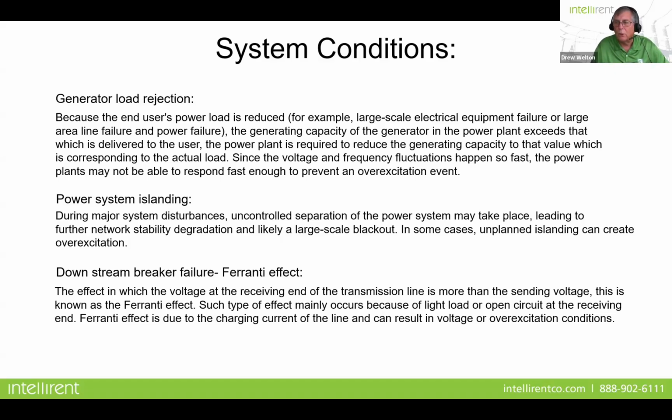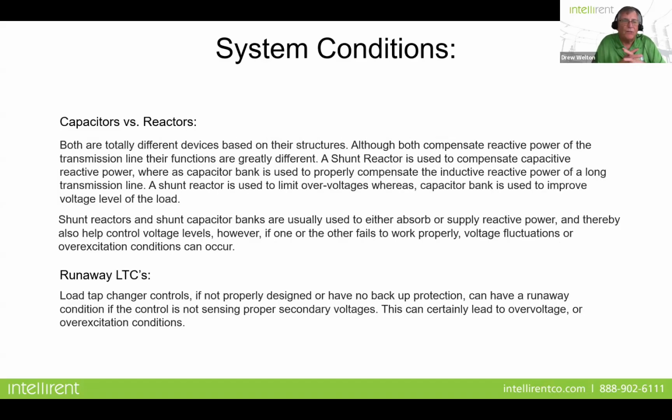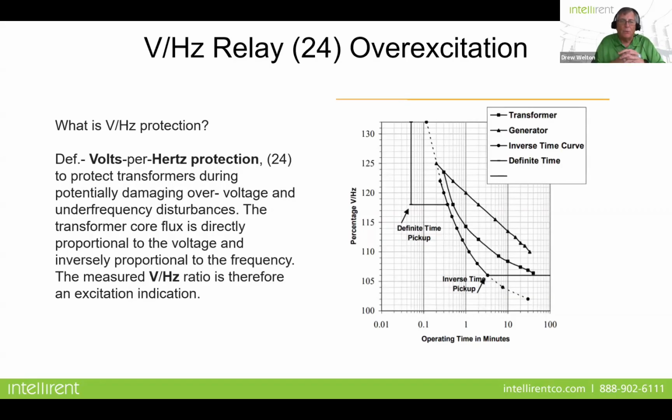So it might be worth looking into enabling volts per hertz protection in a high voltage system. With capacitors versus reactors, you may have one off when it should be on, or vice versa, or runaway LTCs. Again, typically these are voltage excursions, but if you have a frequency phenomenon going in the opposite direction, it could take a volts per hertz out.